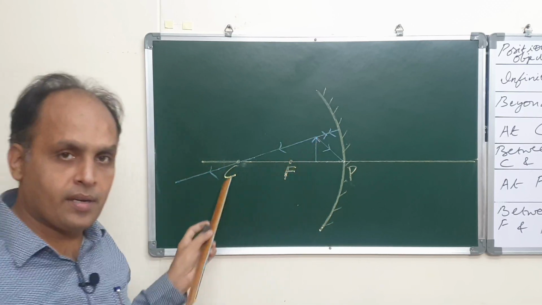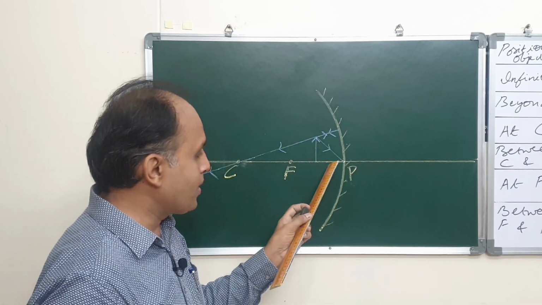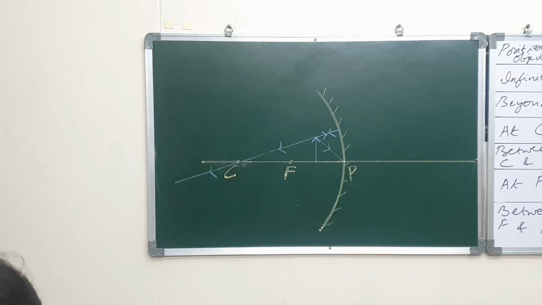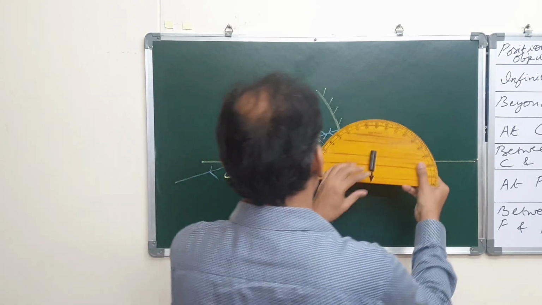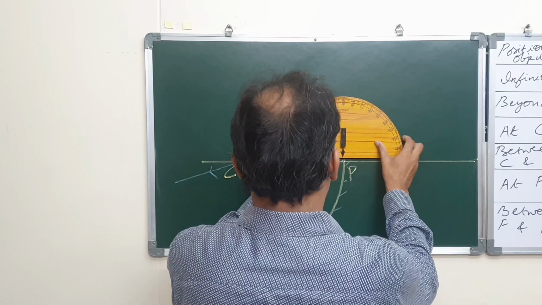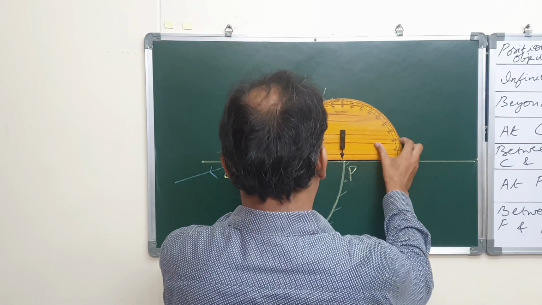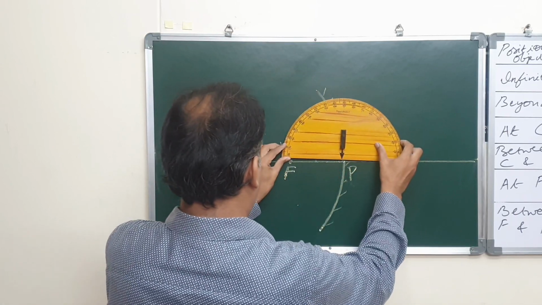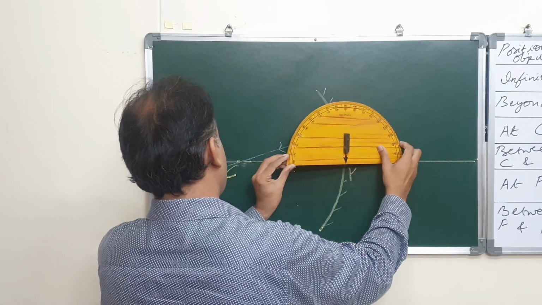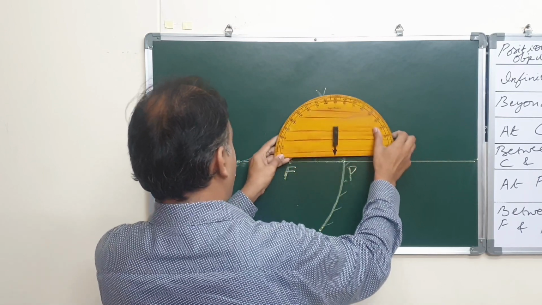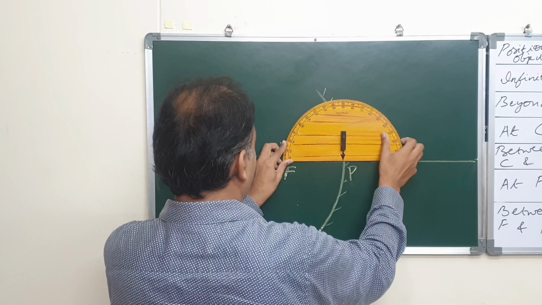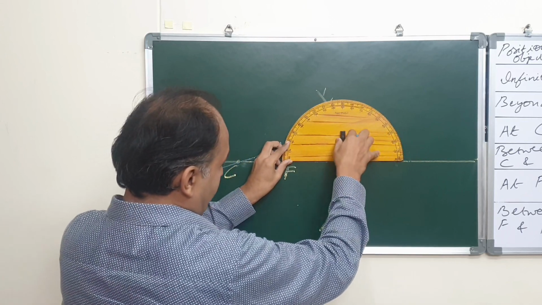So this is one reflected ray. Now what about this one? Let us measure the angle. So as you can see, when I put the protractor, I cannot see the object over here.